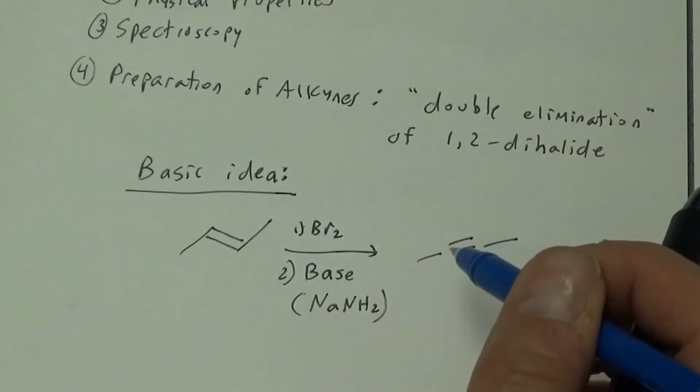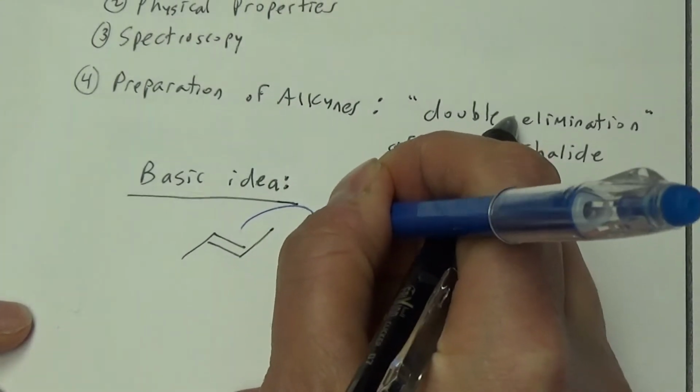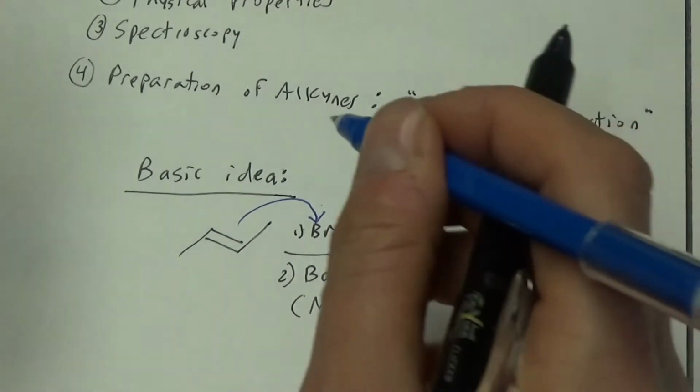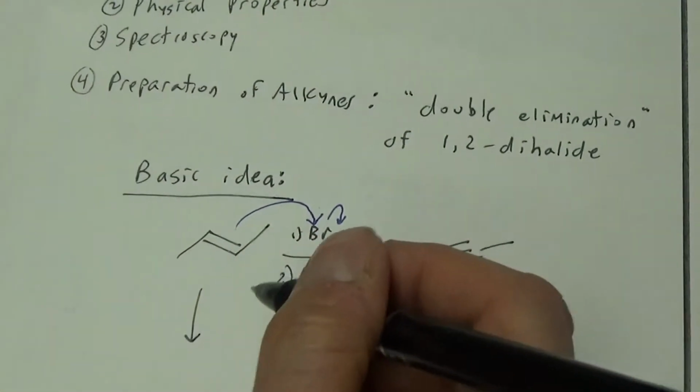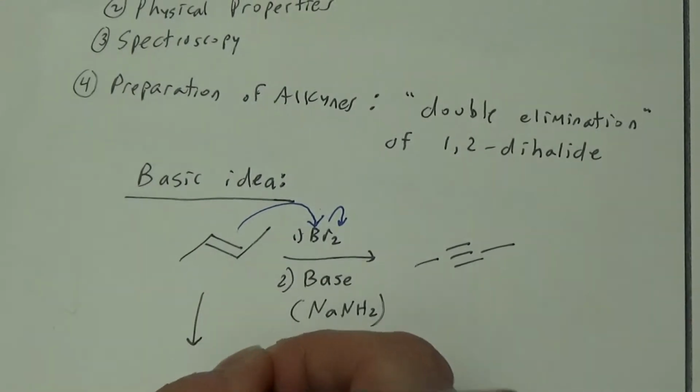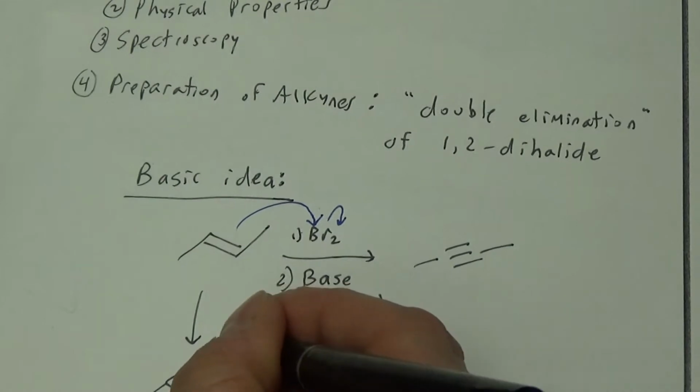So the mechanism for the first reaction is an organic 1 reaction from the alkene chapter. The alkene attacks Br2, kicks off a Br, a second Br, and then we get this thing. Do you remember what that's called?